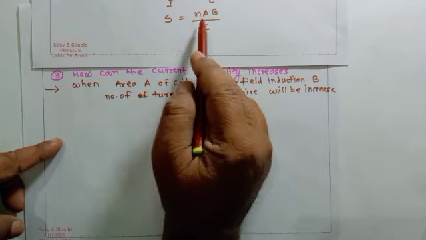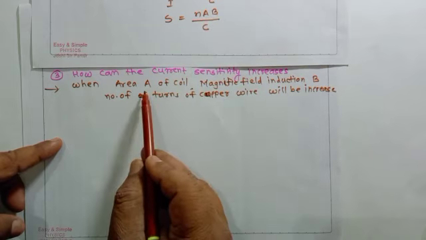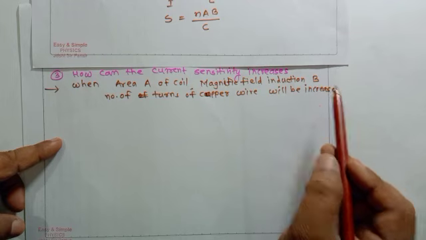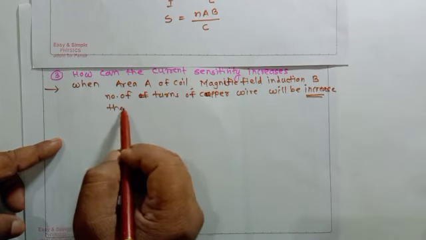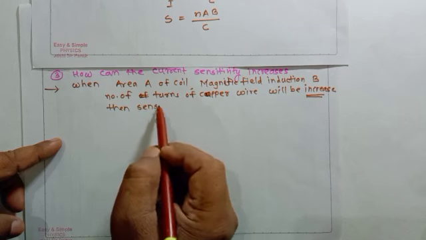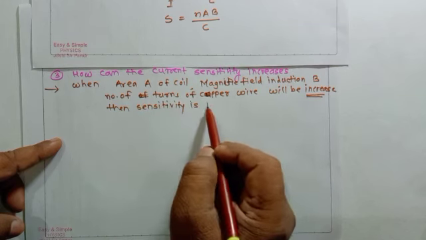See here, the numerator term will increase: number of turns, area and magnetic field increase, then sensitivity increases.